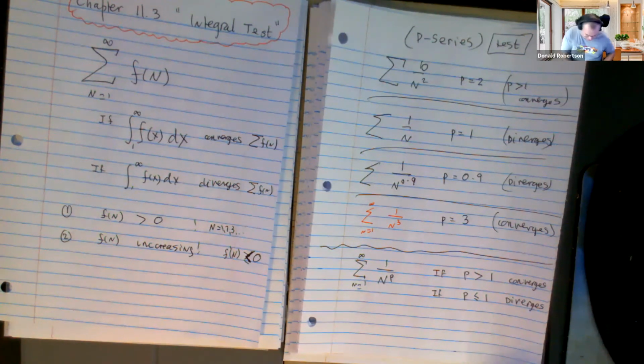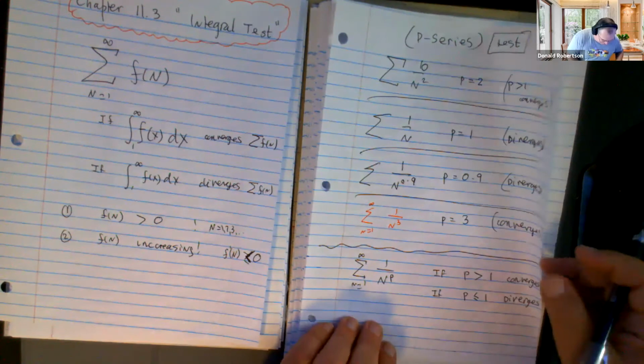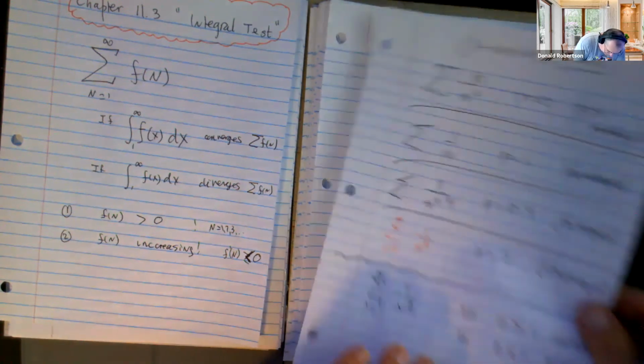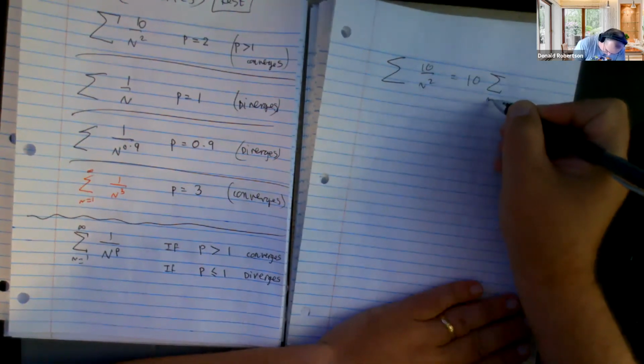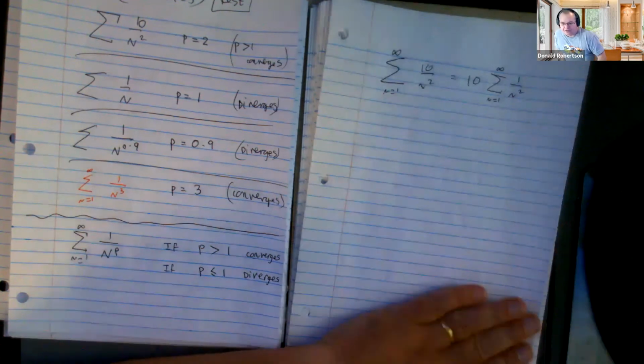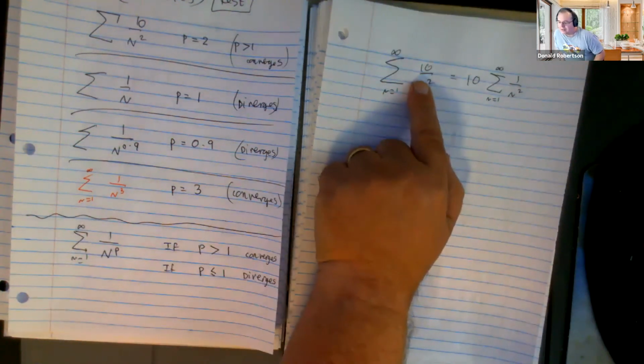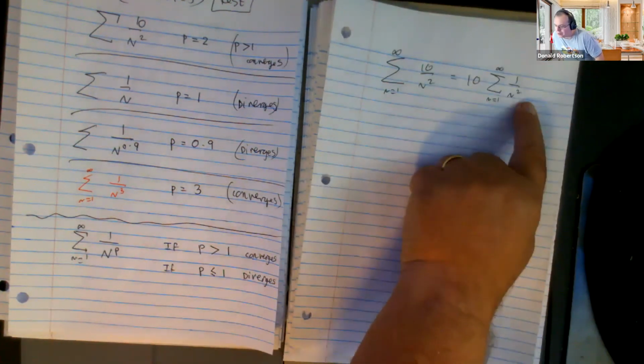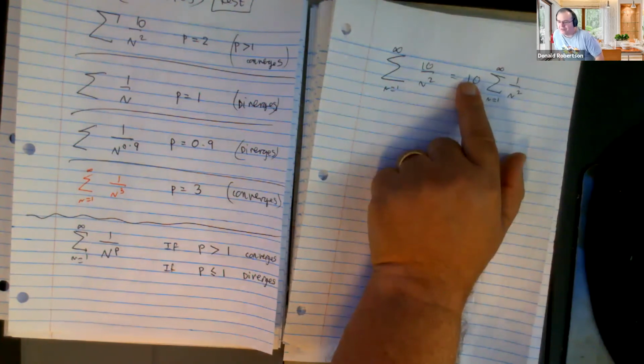Now, the argument for why it works is pretty straightforward. Can you imagine you took, for instance, this guy? You are allowed to bring out constants when you do sigma notation. Does it make sense that this guy is just 10 times that guy? So if this guy converges, won't that one converge? And if this one diverges, so does that one.